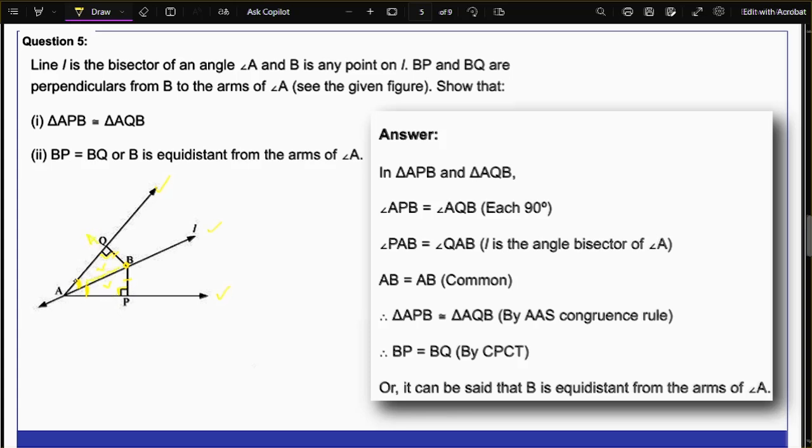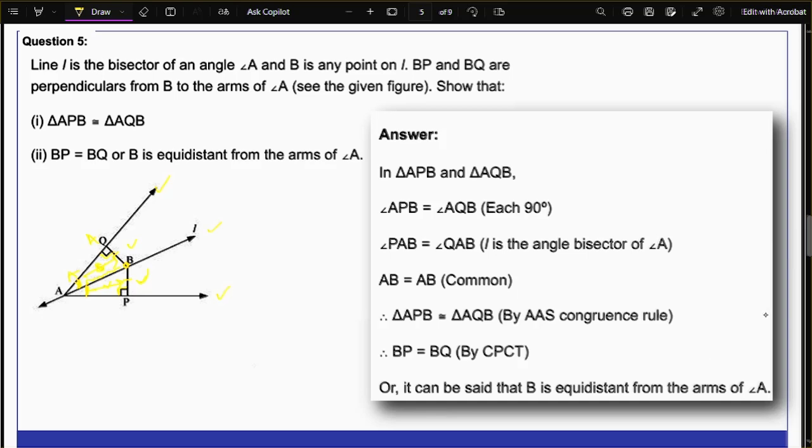So by angle-angle-side congruency, these two triangles are congruent. Hence, the corresponding sides BQ and BP, which face this angle and this angle, are also the same by corresponding parts of congruent triangles.